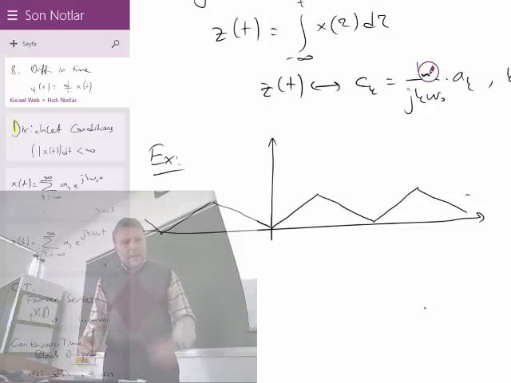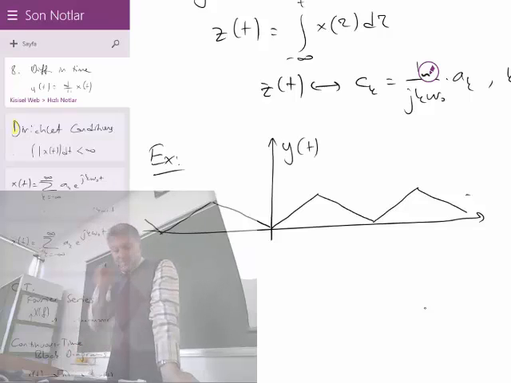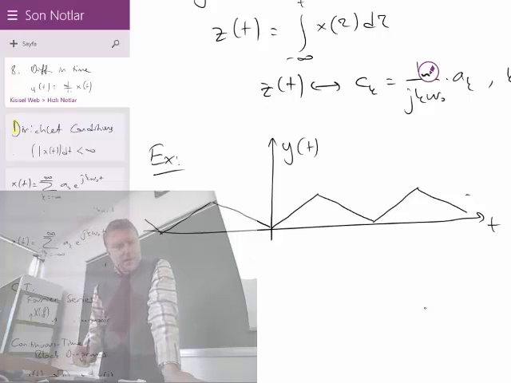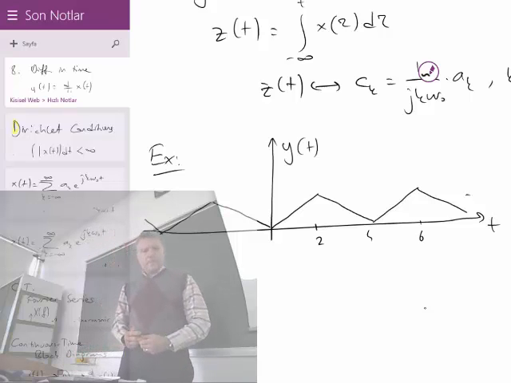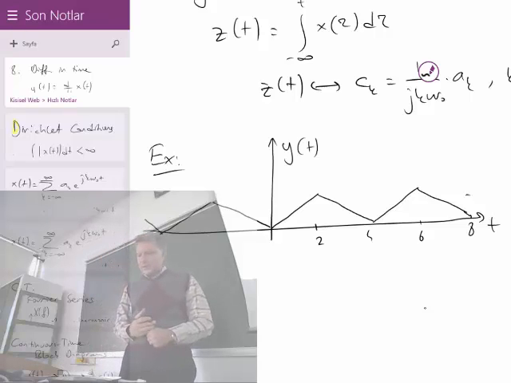Let's call this thing y of t. And the labels are here: it is 2 and 4 and 6, and here you need an 8. So what is the period for that? The period is 4.